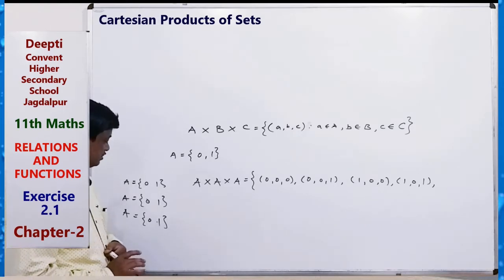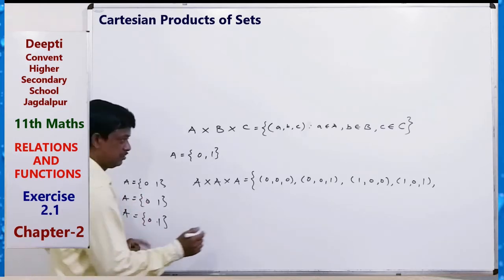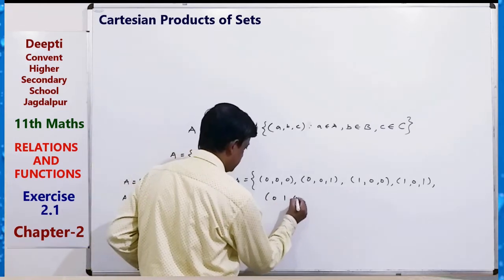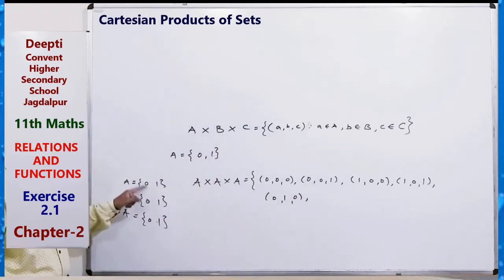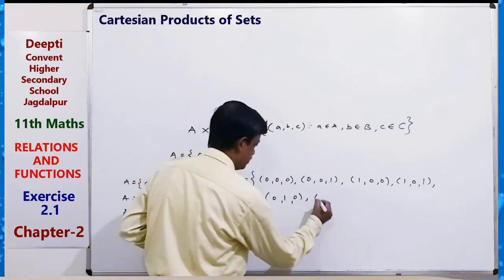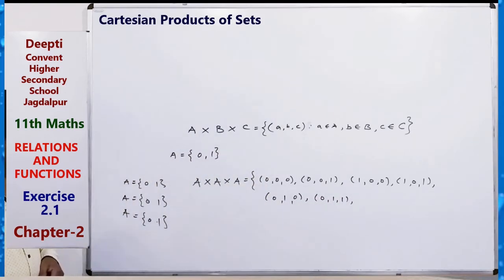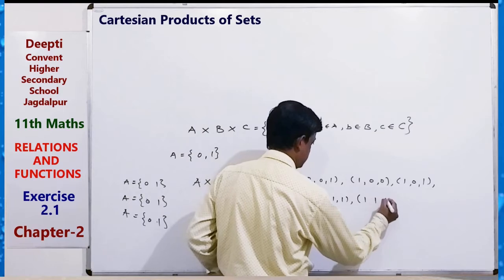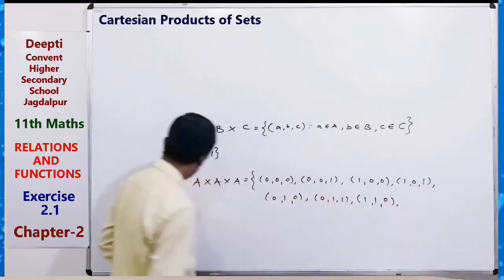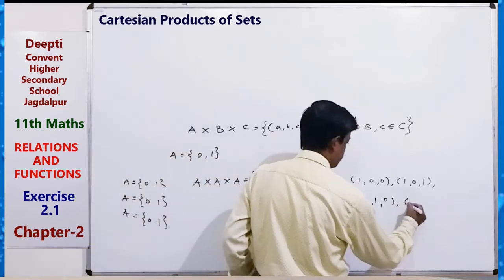Now for this, 0 1 0, 0 1 1, and 1 1 0, 1 1 1.